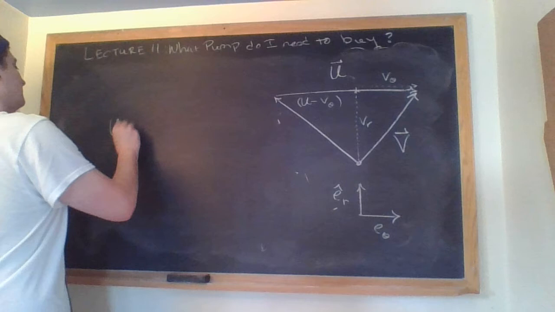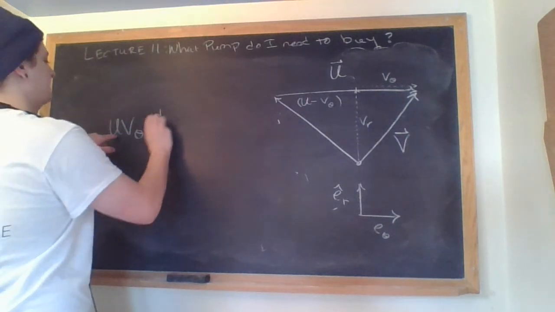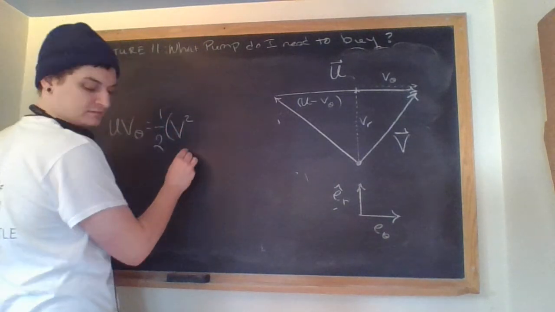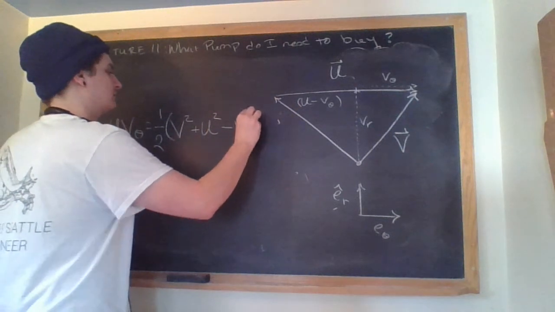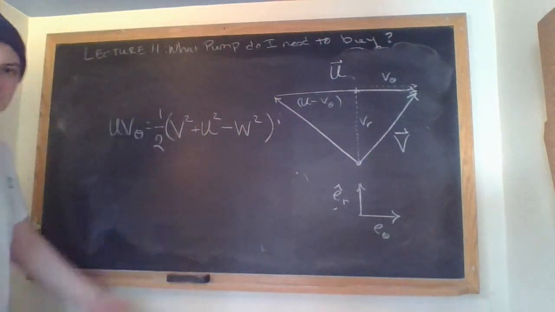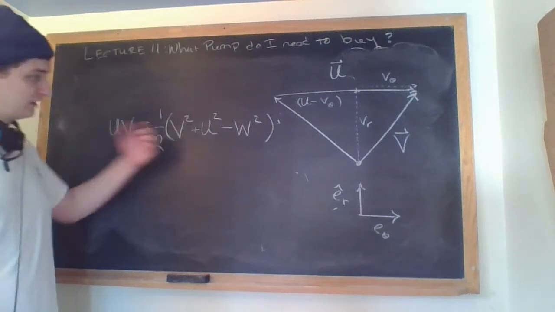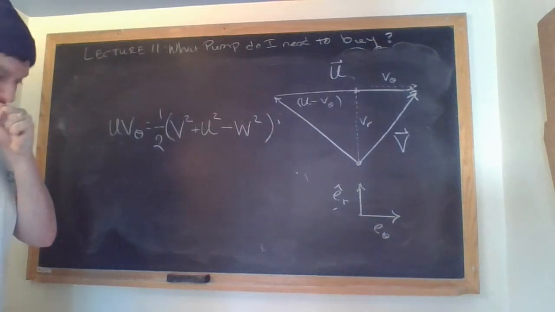Big reveal is this: at any point you can write it as that. So this cross term that involved the torques and the power can be written in each individual velocity component involved in your pump.